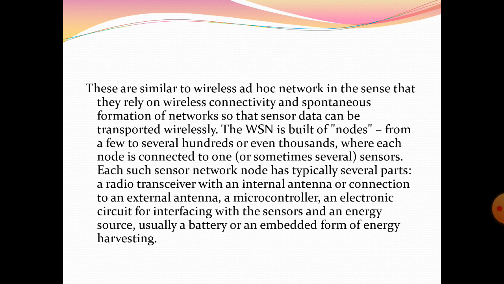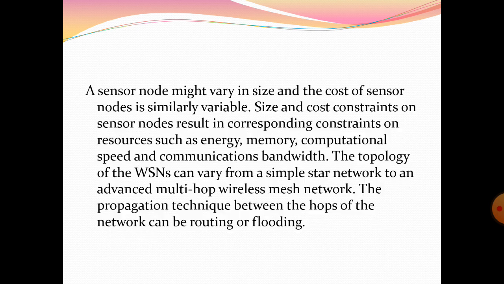Each such sensor node typically has several parts: a radio transceiver with an internal antenna or connection to an external antenna, a microcontroller, an electronic circuit for interfacing with the sensors, and an energy source, usually a battery or an embedded form of energy harvesting.